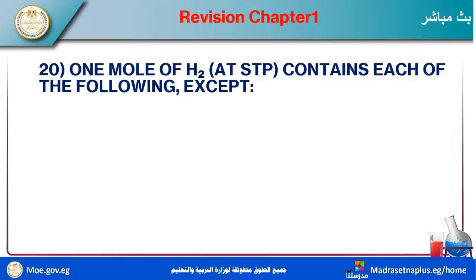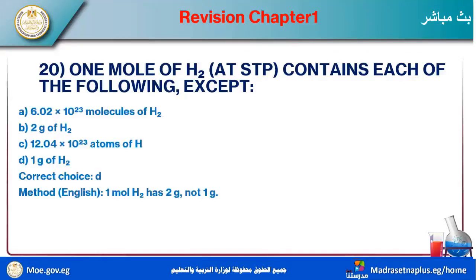But at room temperature it is 25 degrees centigrade and the same pressure of 1 atm. In these conditions at STP, 1 mole of hydrogen contains the following, except. We search here for the incorrect answer, not the correct answer.